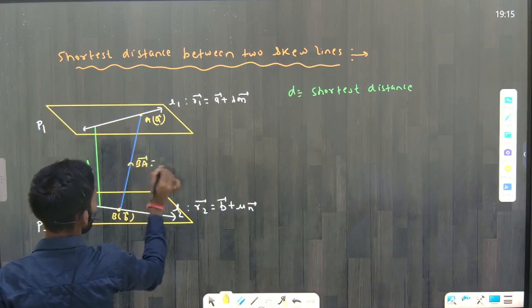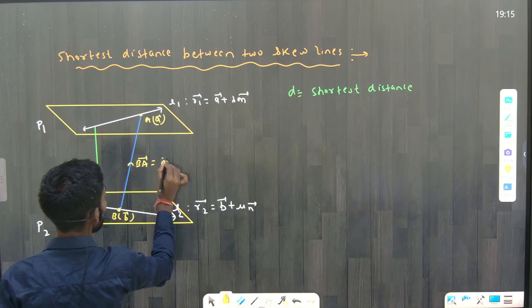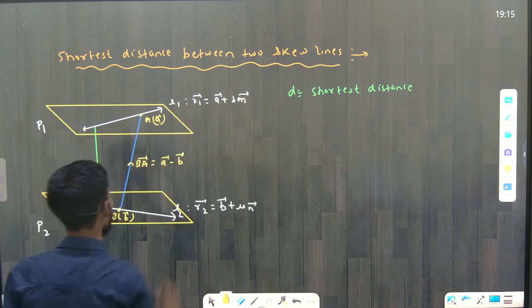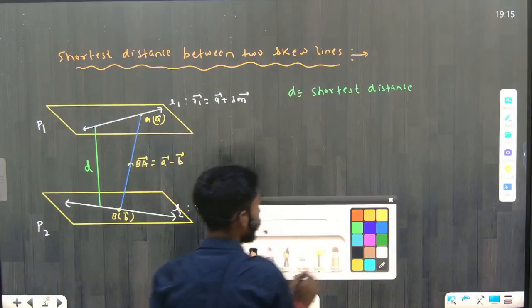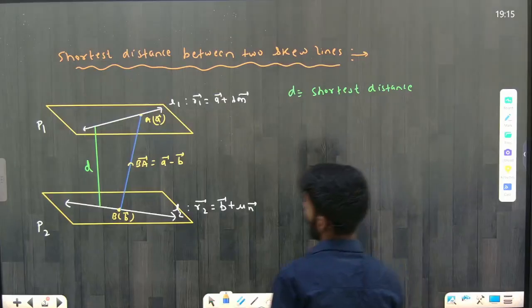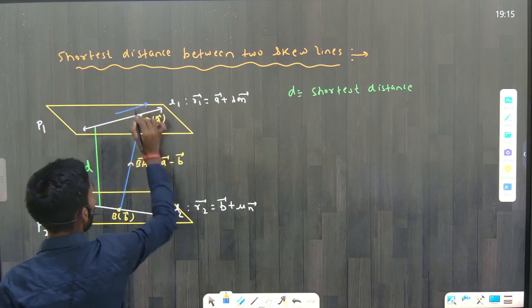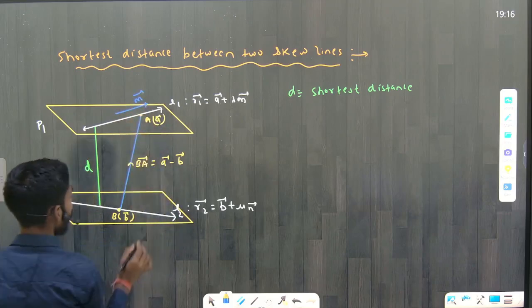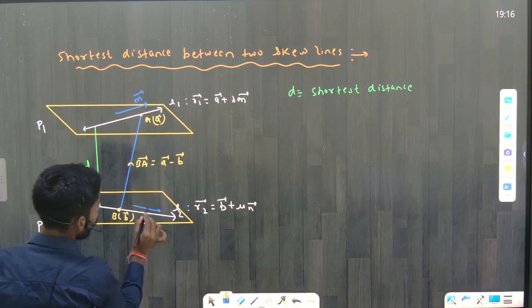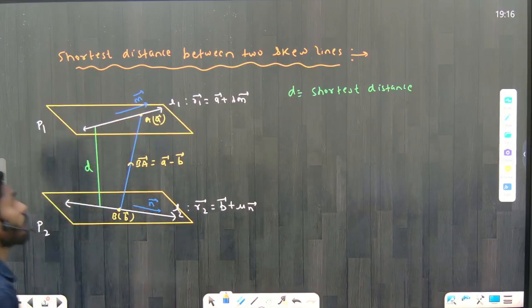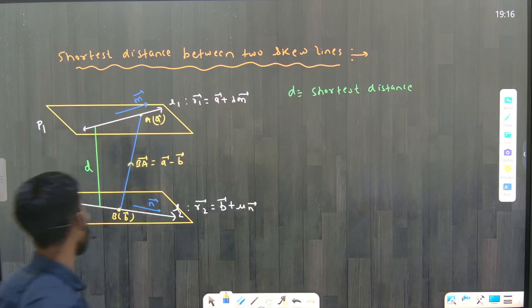BA vector is called final vector minus initial vector, a vector minus b vector. And also we know that here a parallel vector to this line is the m vector, and a parallel vector to this line is the n vector. Clear?